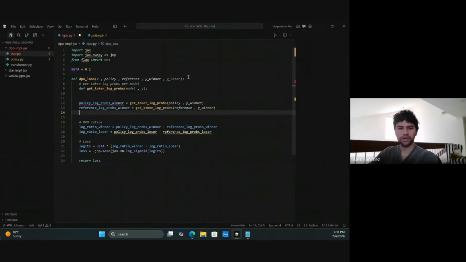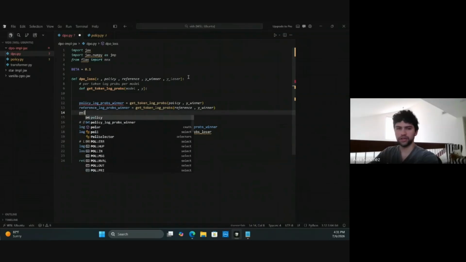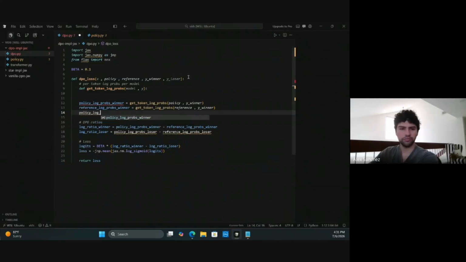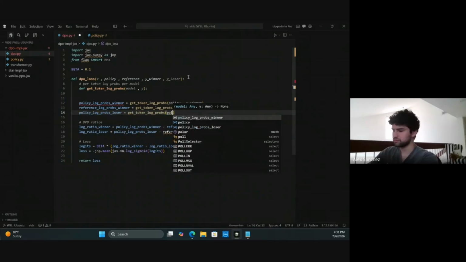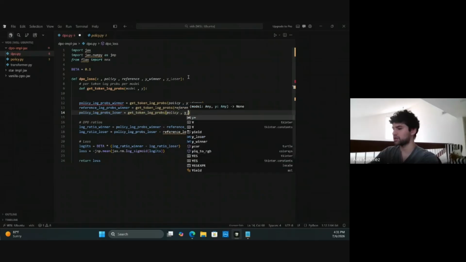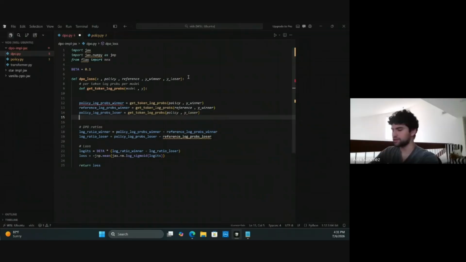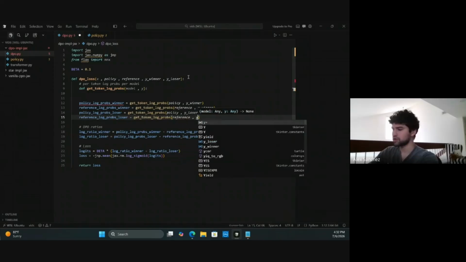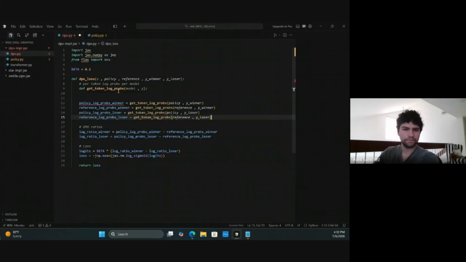And same thing here: policy log probs loser, with policy and y loser, and then the reference with token log probs on y loser.